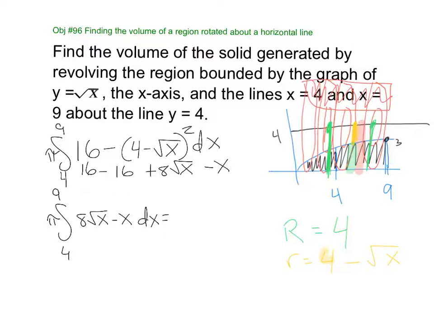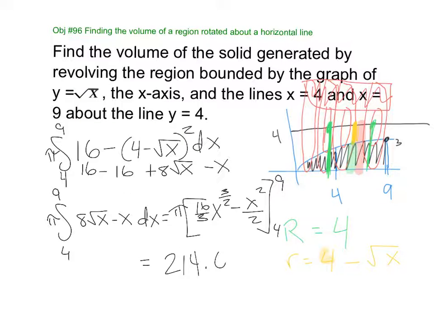I did the antiderivative and I got pi times 16 thirds x to the 3 over 2 minus x squared over 2, and then from 4 to 9. I plugged in and I ended up using a calculator because the numbers were gross. And I got 214 plus 675. All right, so check that you get that as your answer.